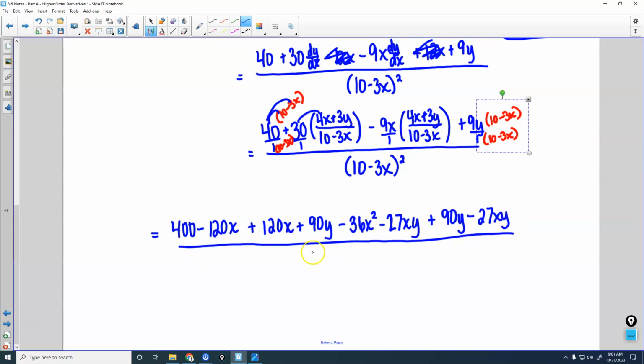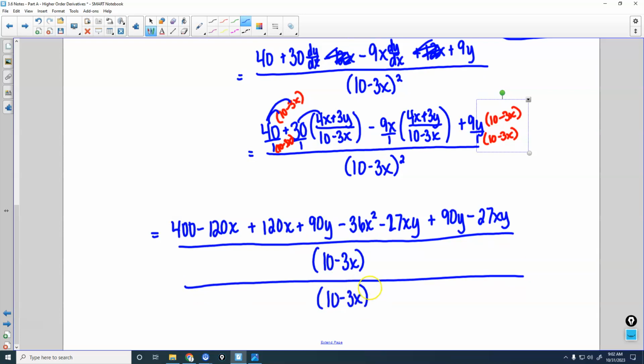All of that is over 10 minus 3x, because we have the same denominator, and all of that is over 10 minus 3x squared.